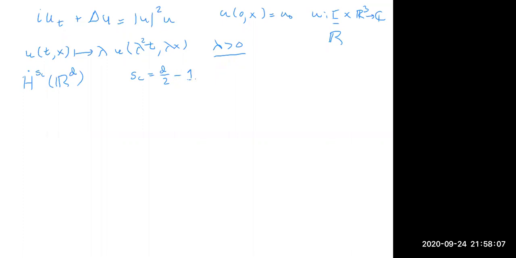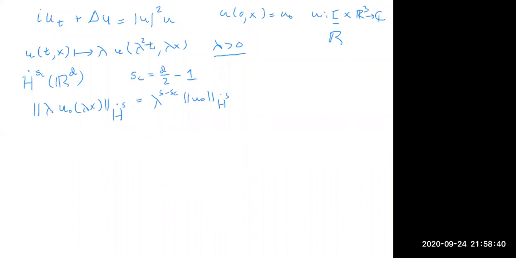So where does that come from? That just comes from your calculation of your norm. You have u naught, and then you plug in your lambda, and you calculate your H dot s norm, and it's equal to lambda to the s minus s_c times the norm of u naught.